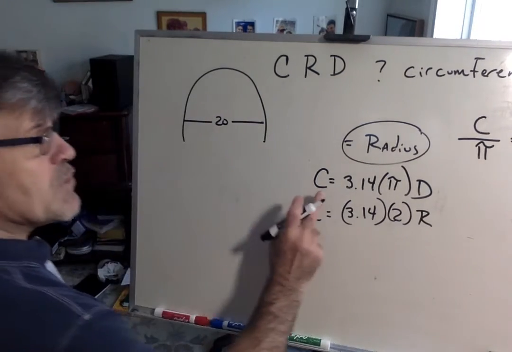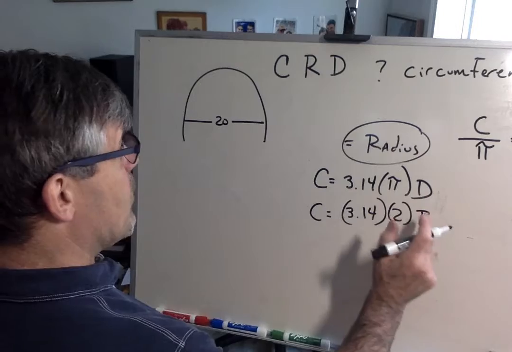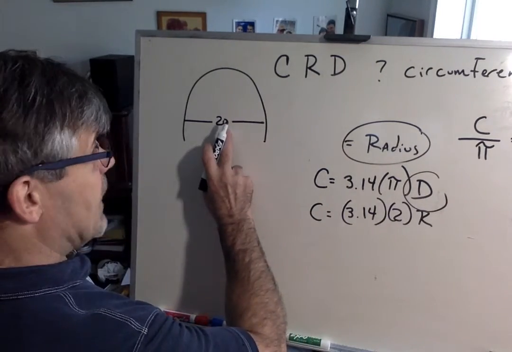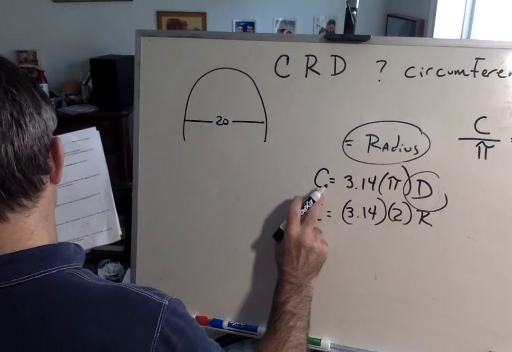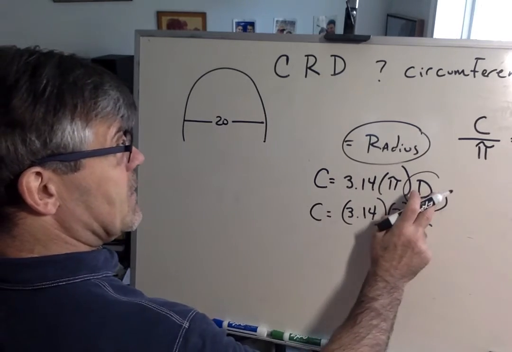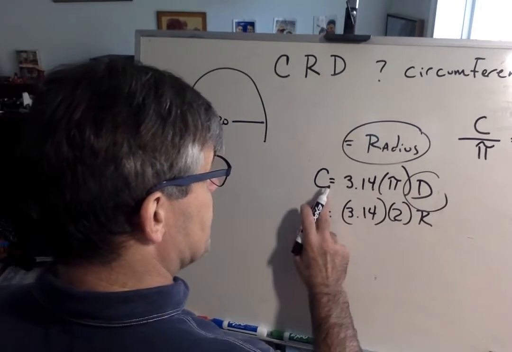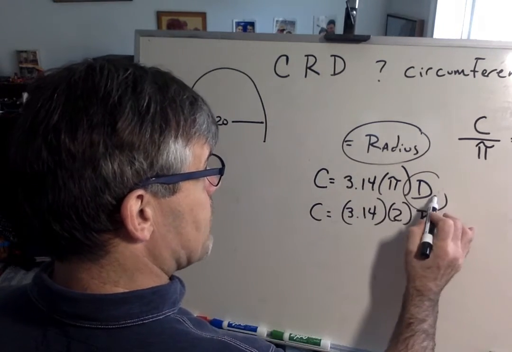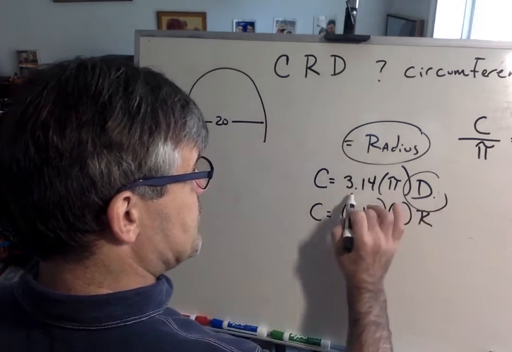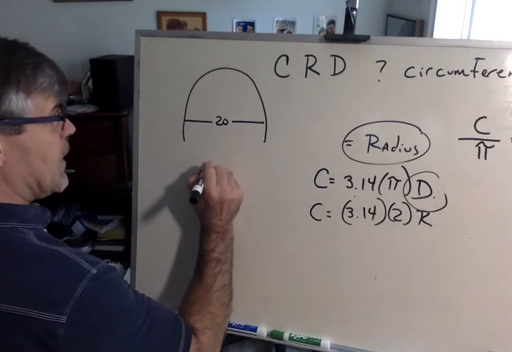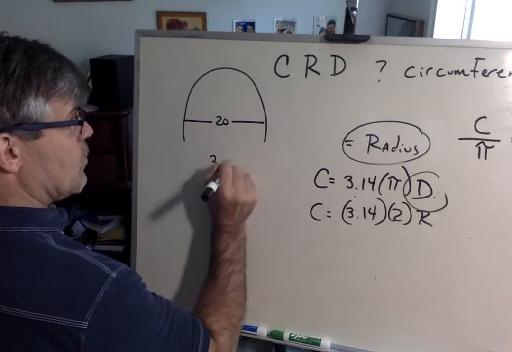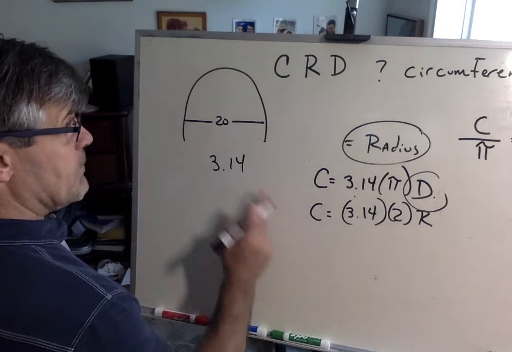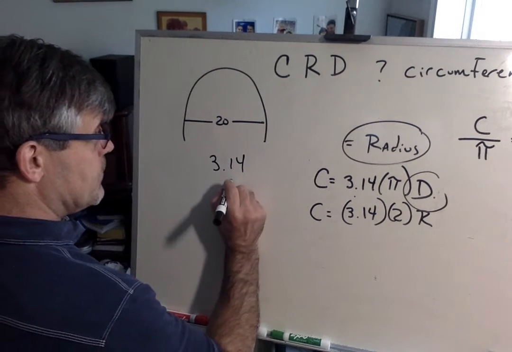Here we have a diameter, and I want to find out the circumference. So if the diameter is 20 feet, I'm going to multiply diameter times pi. So pi is 3.14. I'm going to multiply this by the diameter, which is 20.